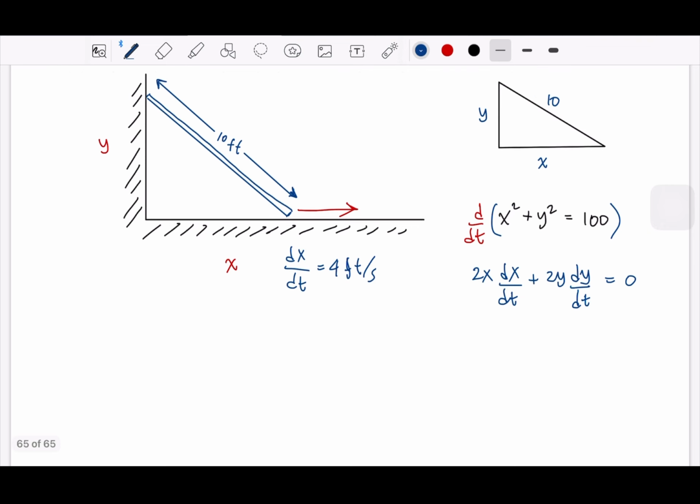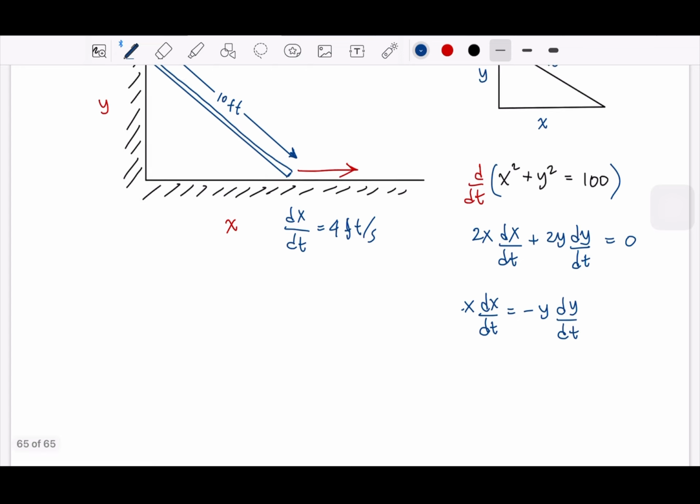And we are going to have some relations. So 2x dx over dt is equal, or maybe we can cancel this 2, is equal to negative y dy over dt, or we could write dy over dt is equal to negative x over y dx over dt.